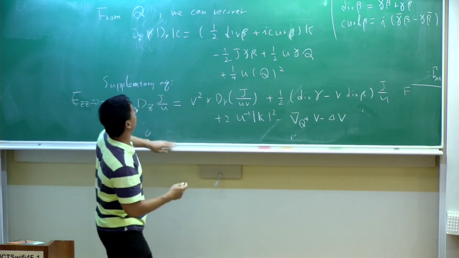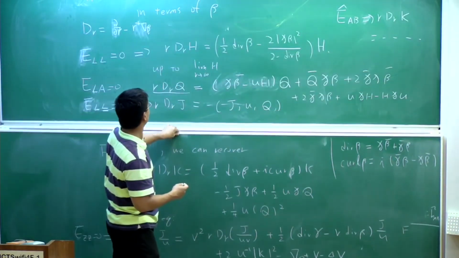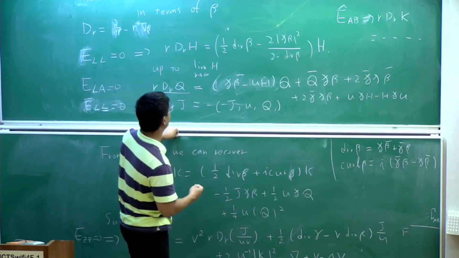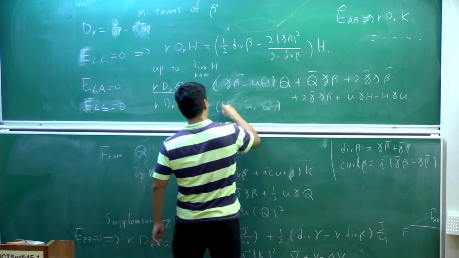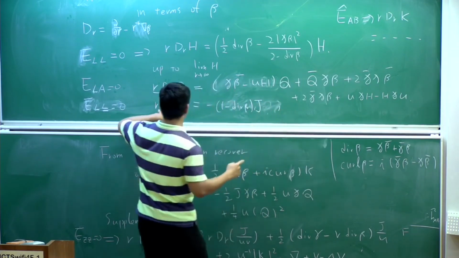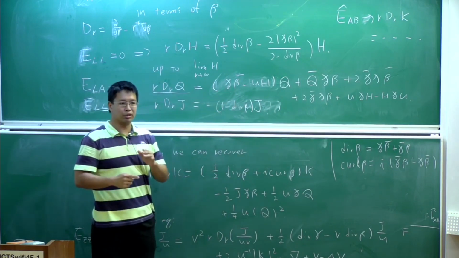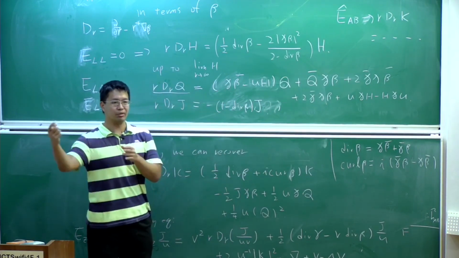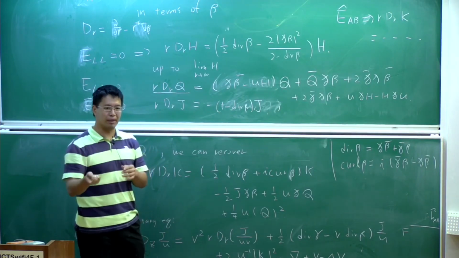And in J, if you combine this equation, there's r d of J plus J equals lower order terms. So d of rJ equals something. So there's a 1 over r term of J, which is free, which is the mass aspect.